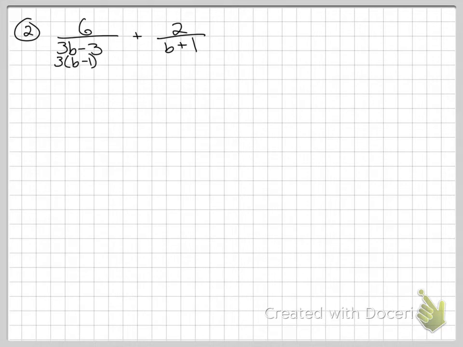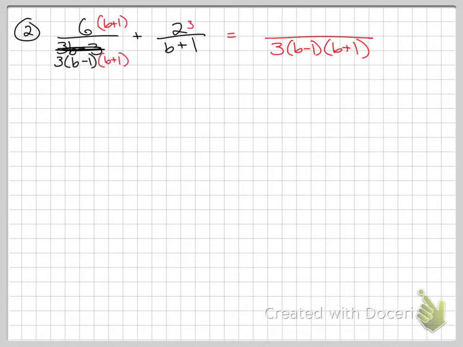When I factor, I like to cross out the denominator. So I am going to need my common denominator to have a 3, a b minus 1, and a b plus 1. So the first fraction is missing the b plus 1 on top and bottom. The second fraction is missing the 3 and the b minus 1.